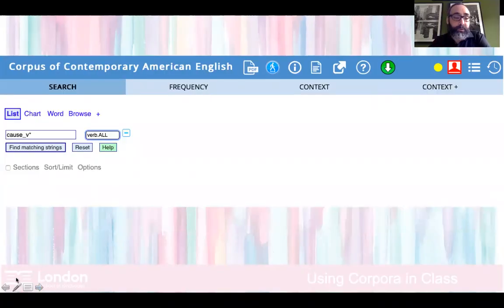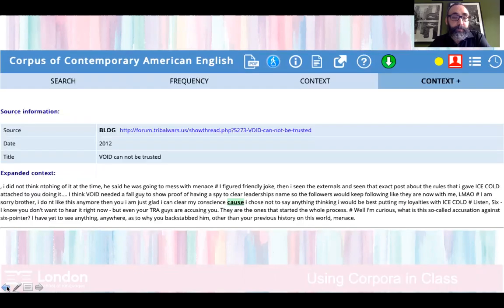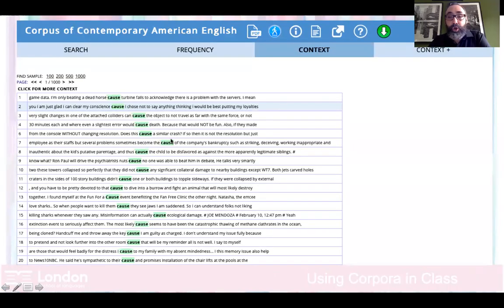And as you saw here, cause can be a verb, like cause death, or can cause the object not to, etc. Or it can be a noun, like in conscience cause, or for a cause event, etc. So it might be a noun, it might be a verb.